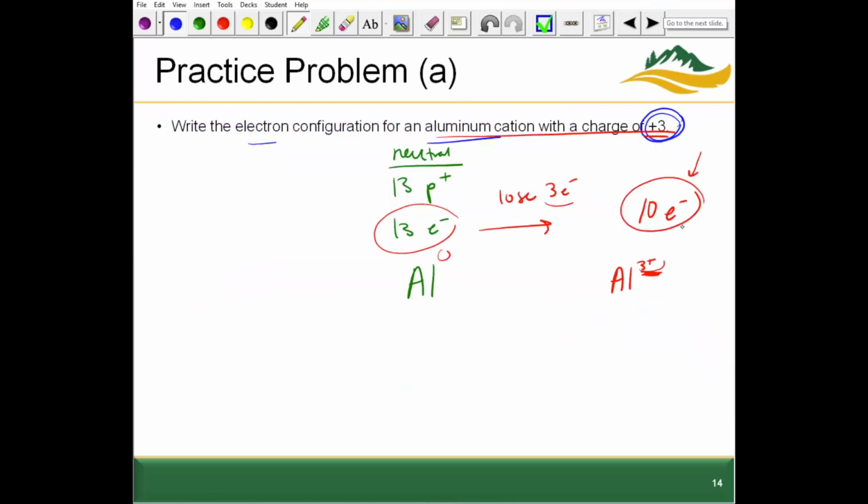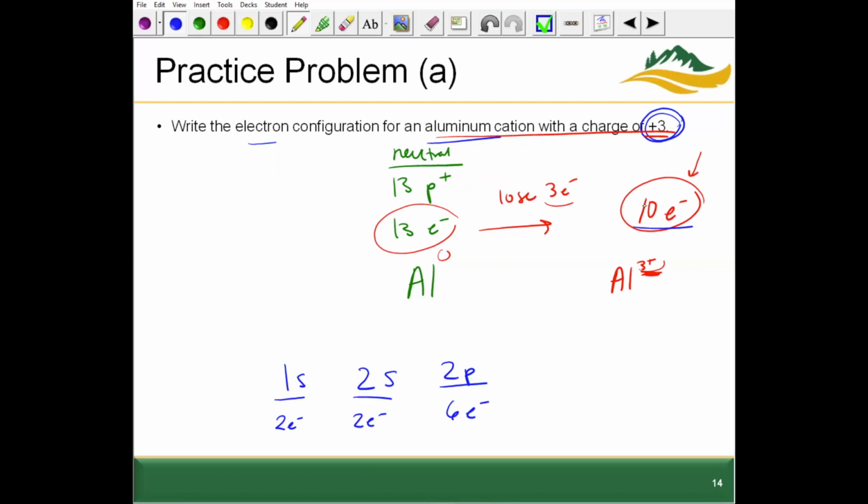For aluminum again, we're filling up 10 electrons just to start figuring out how many different subshells we need. 1s and 2s each hold 2 electrons. Next is 2p, that holds 6 electrons.